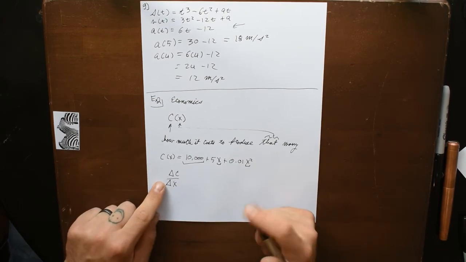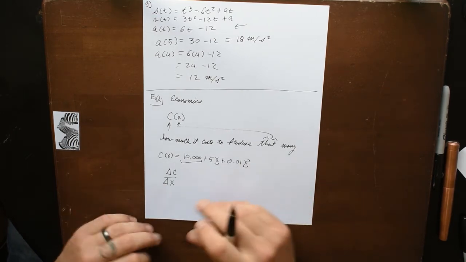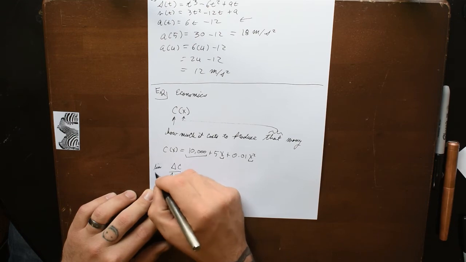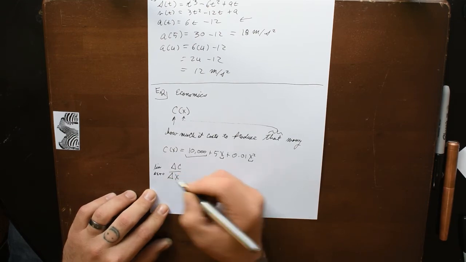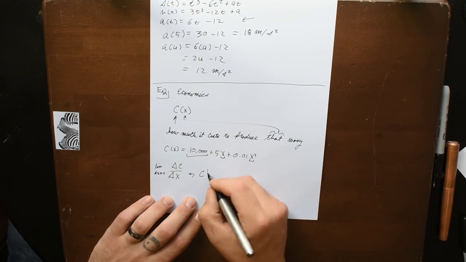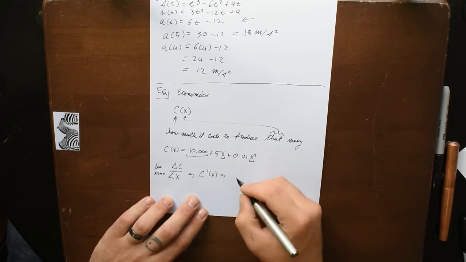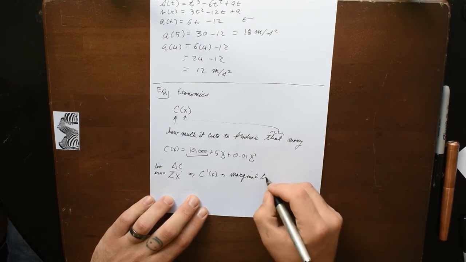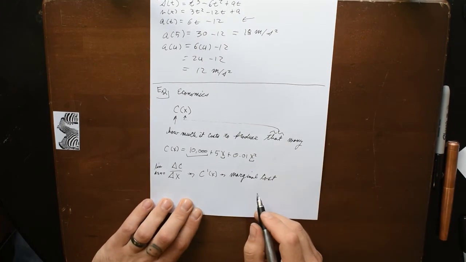For any 2 points you could get a secant line, but what we've been doing is taking limits as delta x goes to 0, and this gets called the marginal cost. C prime of x is called the marginal cost.